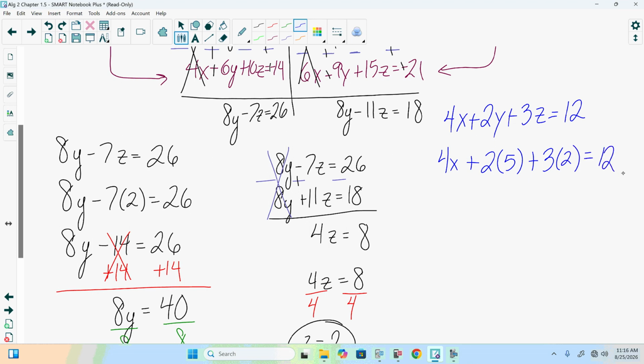So 4x plus 2 times 5 plus 3 times 2 equals 12. Now 2 times 5 is 10. 3 times 2 is 6. 10 plus 6 is 16.